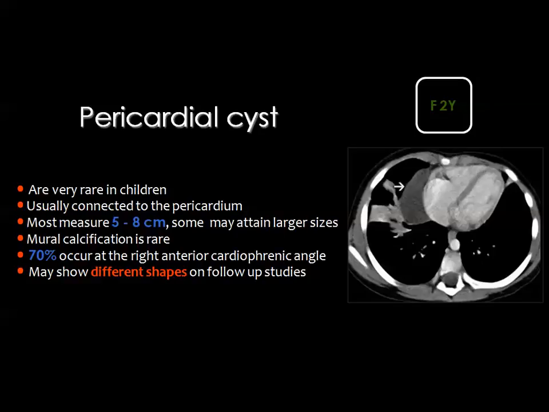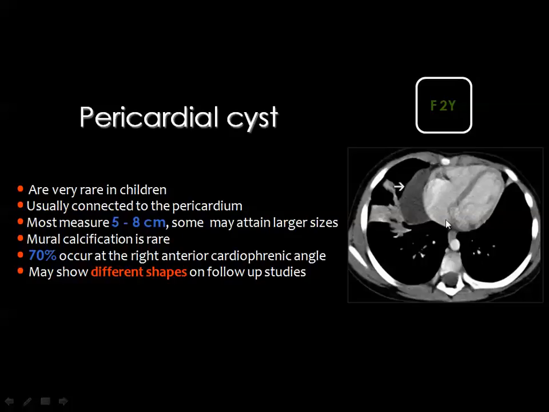If it is inside the lung, it will be rounded or oval in shape, but being conforming to the contour of the lung, meaning that this cyst is located in the mediastinum, so that it has this oblong shape.